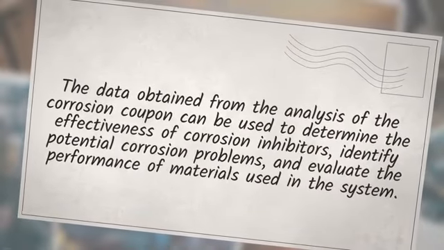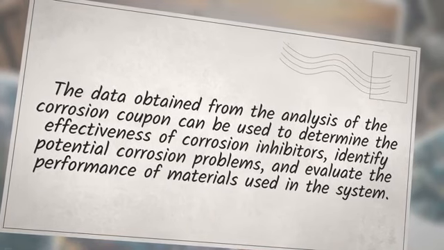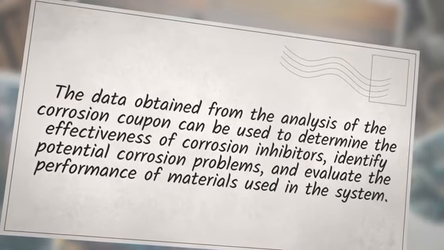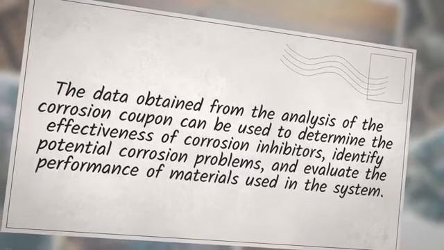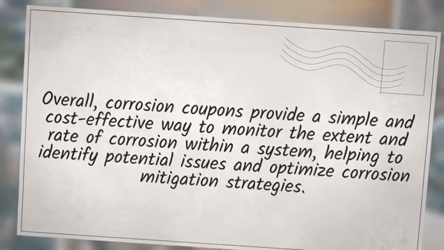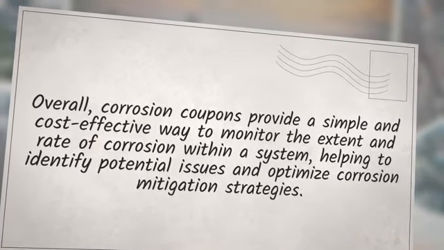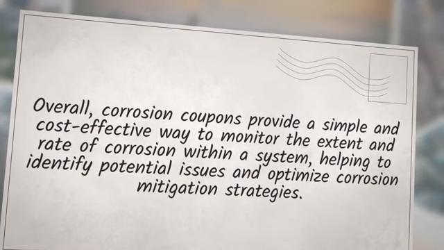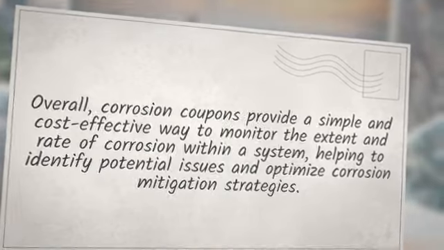The data obtained from the analysis can be used to determine the effectiveness of corrosion inhibitors, identify potential corrosion problems, and evaluate the performance of materials used in the system. Overall, corrosion coupons provide a simple and cost-effective way to monitor the extent and rate of corrosion within a system, helping to identify potential issues and optimize corrosion mitigation strategies.